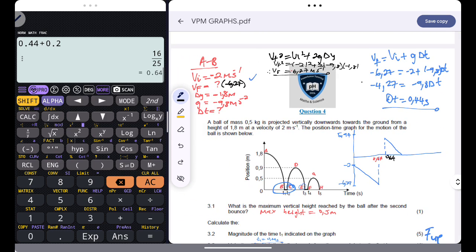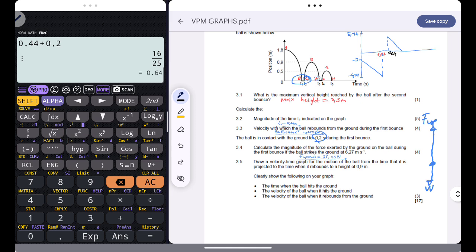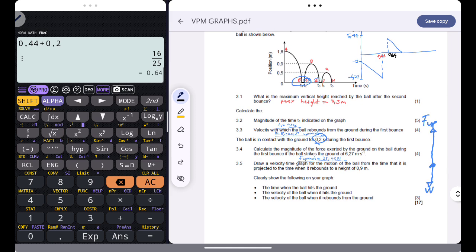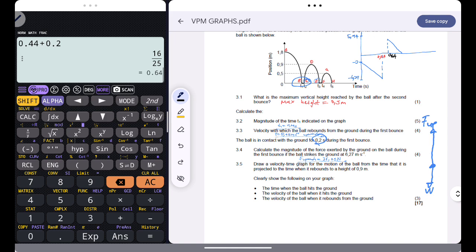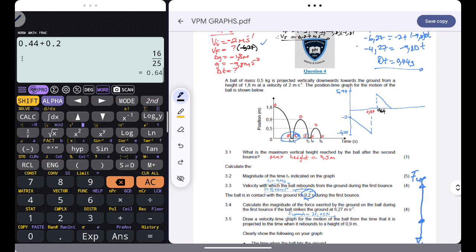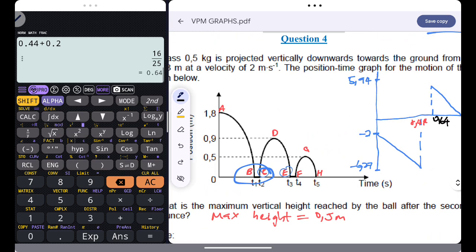Okay, what else did they want us to indicate? The time when the ball hits the ground, the velocity of the ball when it hits the ground, the velocity when it rebounds. Okay, we've indicated all of that. And then now we must just label our axes.